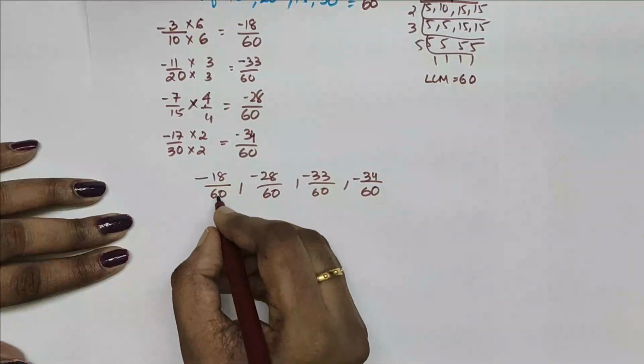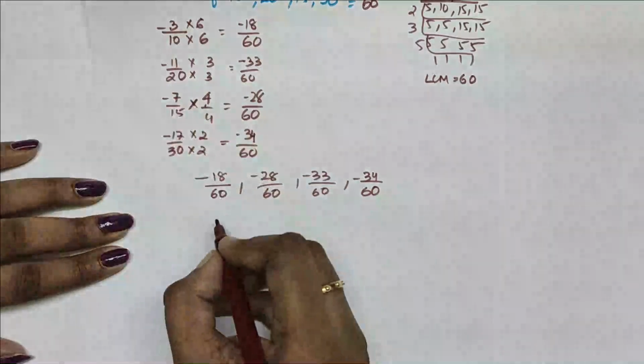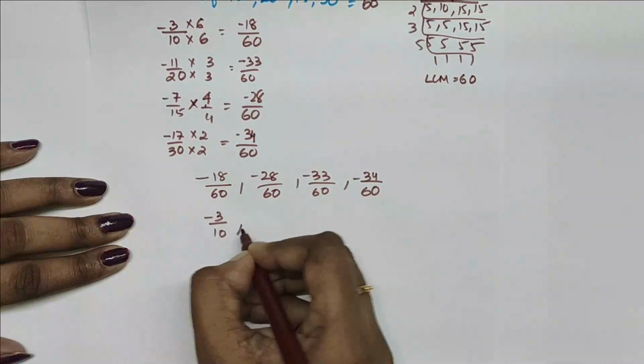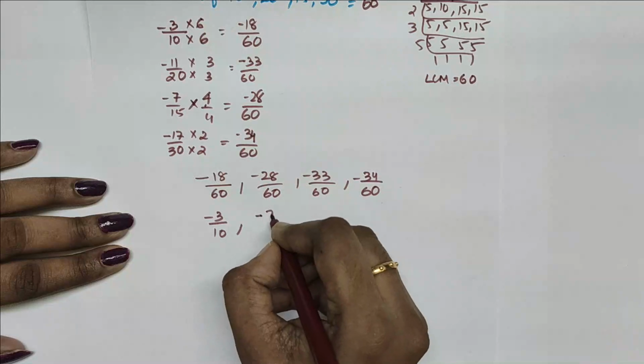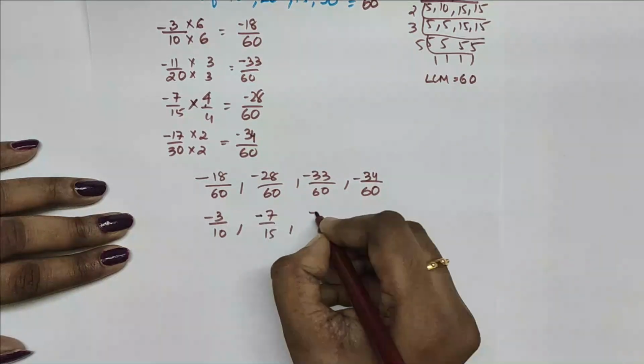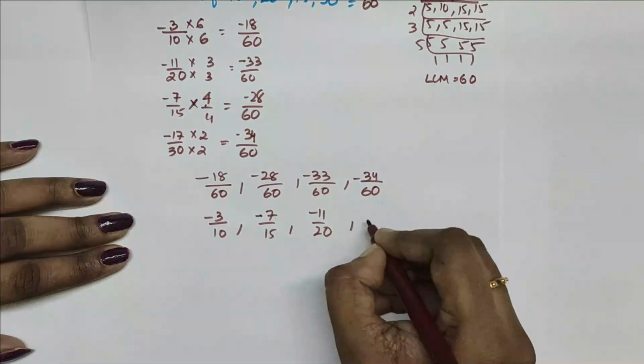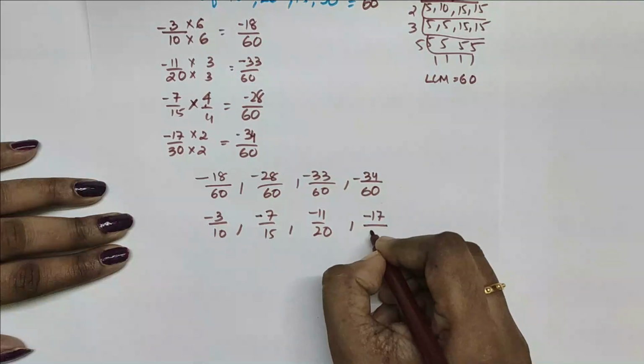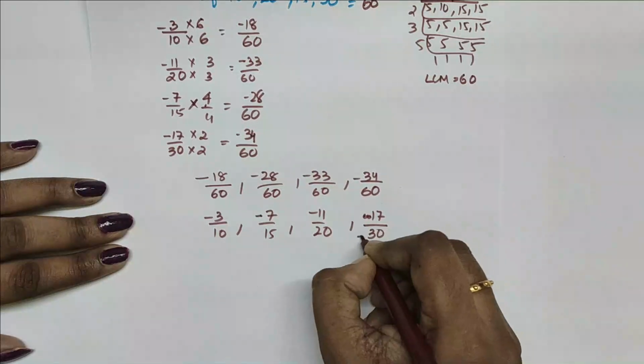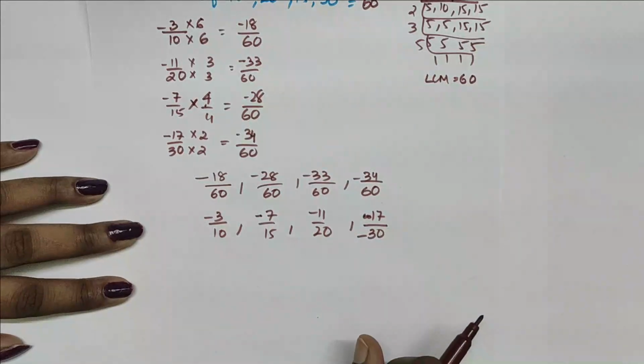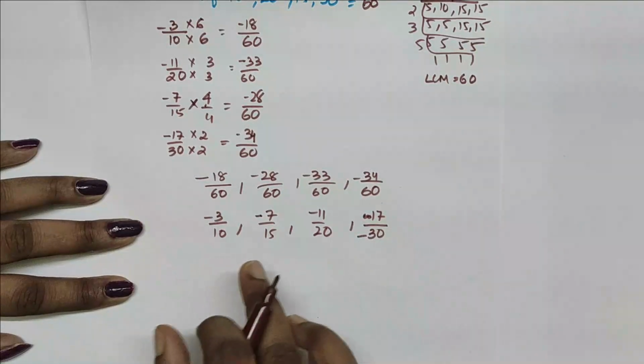So what I can write, the actual representation is minus 3 by 10, minus 7 by 15, minus 11 by 20, and minus 17 by 30, or the actual question was 17 by minus 30. So now this becomes the descending order.